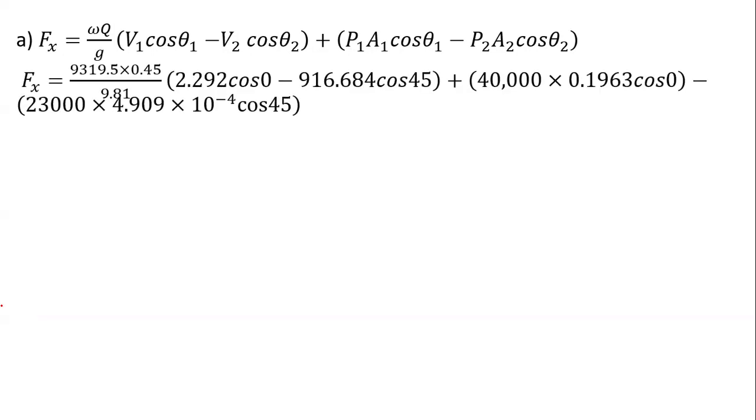Then we start plugging in, we substitute. Omega is 9319.5 times the discharge, which is 0.45. G is 9.81. Then I have 2.292 cos theta 1 minus 916.684 cos 45, because theta 2 is 45.